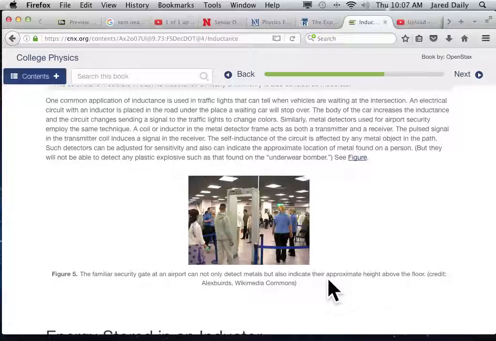Now, what about non-metallic metals? Brass, not non-metallic, non-magnetic metals. Brass, copper, gold. Those are non-magnetic. Will they cause a change in the self-inductance? Yes, because the current that is being driven through these coils is creating a magnetic field inside of this little booth. That magnetic field is changing. It's an AC current.